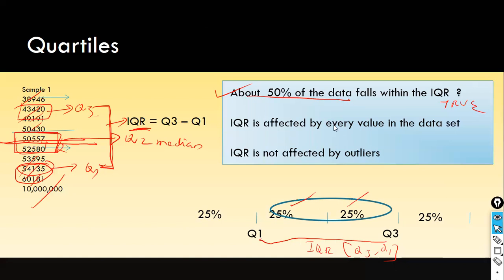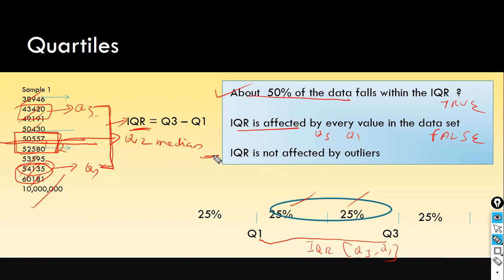IQR is affected only by Q3 and Q1, not every value in the data set. Please remember that. This is false.